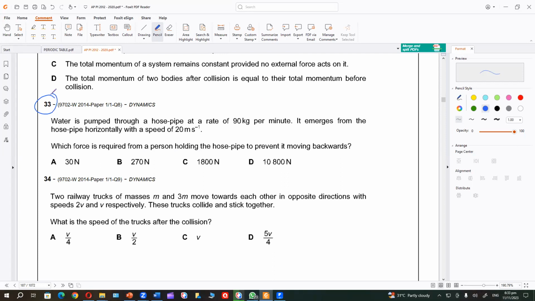This is a famous question, and many people got into trouble when actually this is on momentum. Presently, I'm doing questions on Newton's laws, and I can try this question. Water is pumped through a hose pipe at a rate of 90 kg per minute.